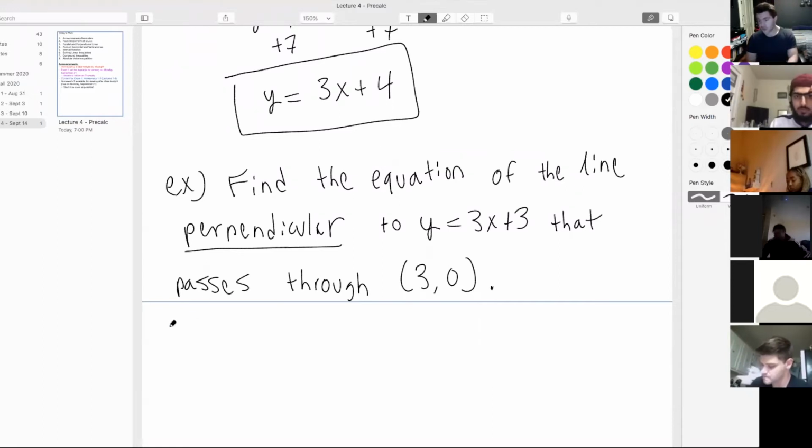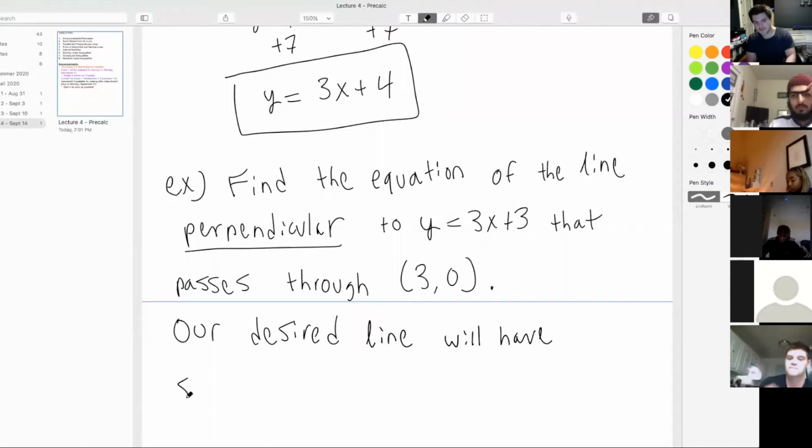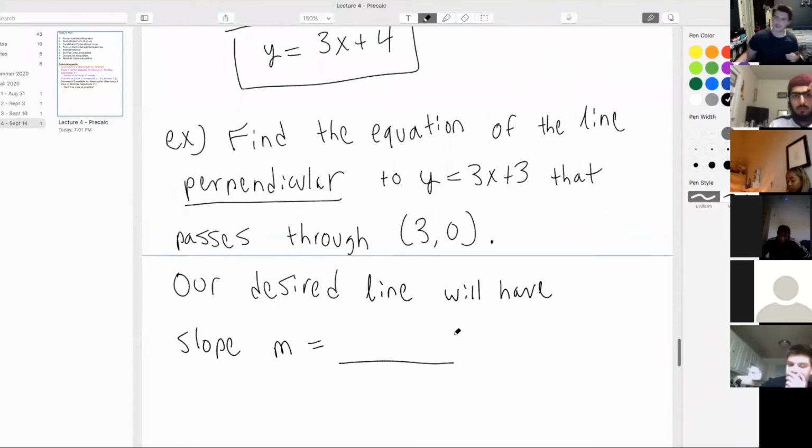So what slope will the line that we want to find have? I'm going to let someone answer this in a second. Our desired line, the line that we're looking for, will have slope m equals what? We're looking for a line perpendicular to 3x plus 3, so what does that mean about the slope of our desired line?